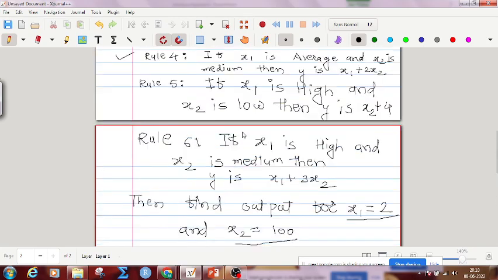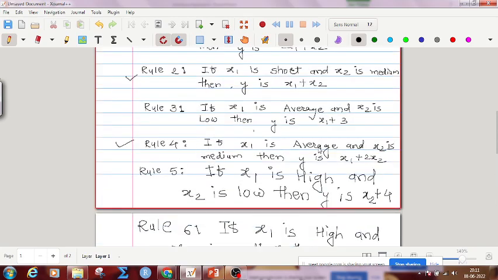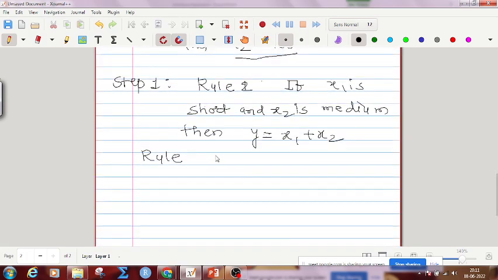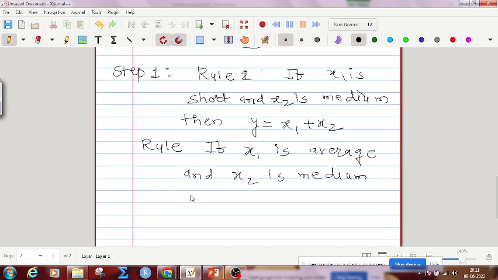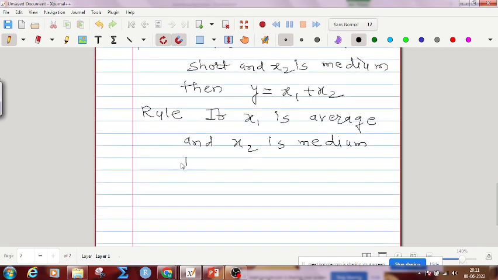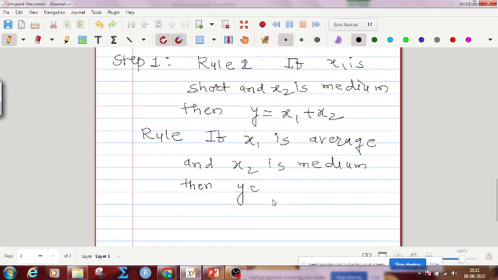and one more rule we are considering, that is rule number 4. If x1 is average and x2 is medium, then y is equal to x1 plus 2x2. If x1 is average and x2 is medium, then what is the value for y?